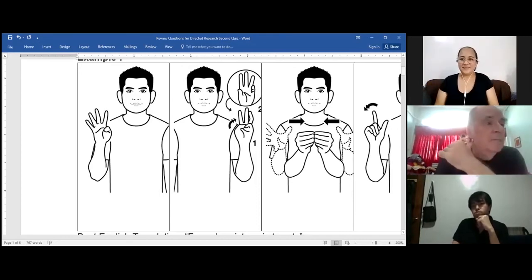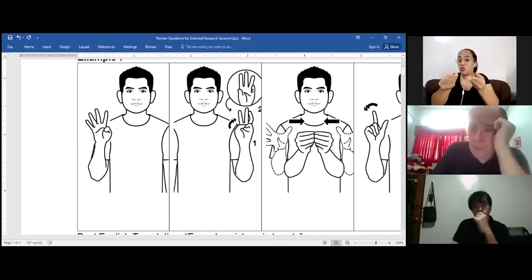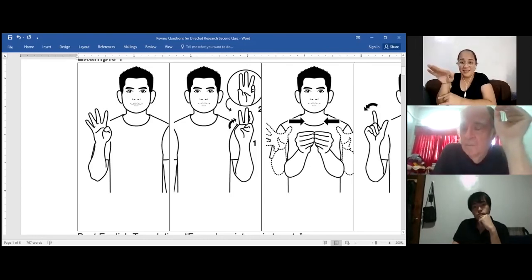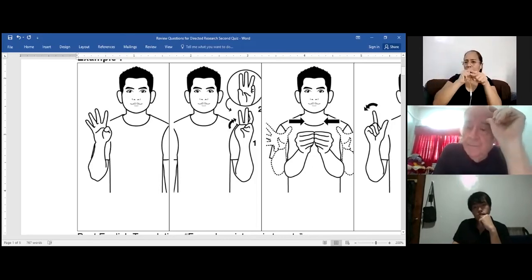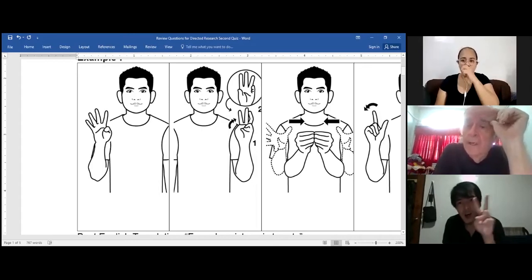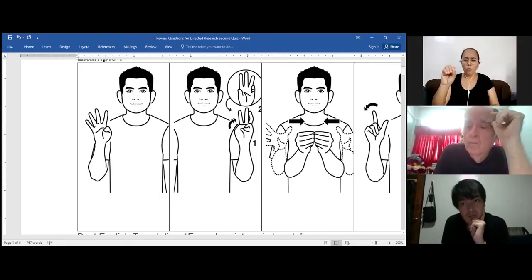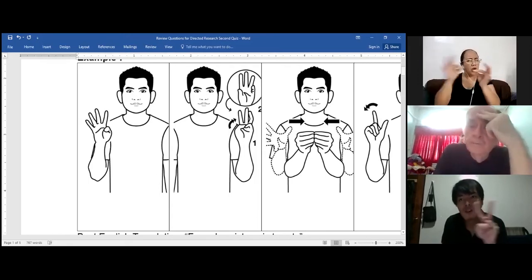Okay, now I'm going to give you an example in English, and I would like Ember to finger spell it. Go. Is that a noun or a verb or an adjective? Verb. Okay. What if I say will go? Is that a phrase? It's a verb.